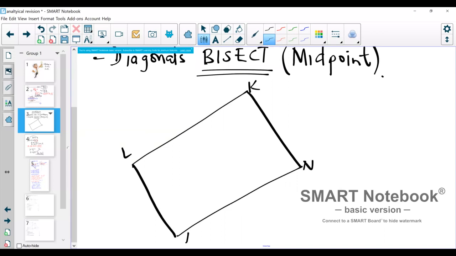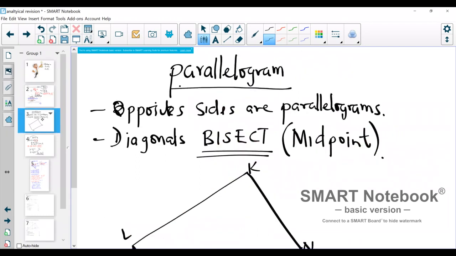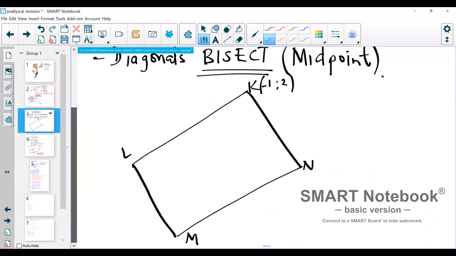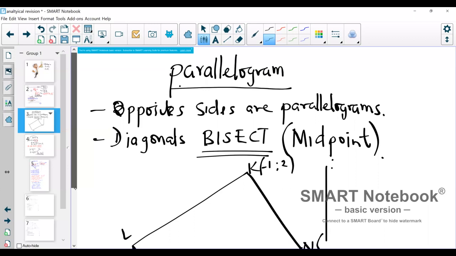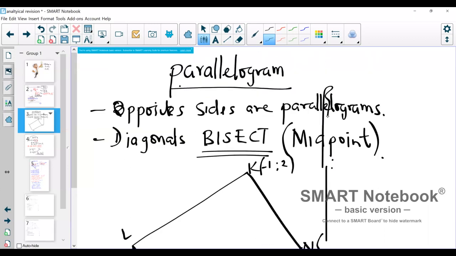KLNM. Just quickly want to get the values of K. -1 and 2, and then 1 and -1. -1 and 2 there. So that it's just a bit clearer to us. 1 and -1. Oh, sorry.